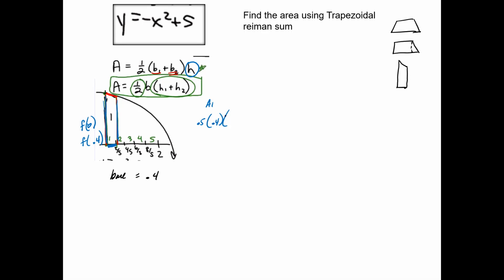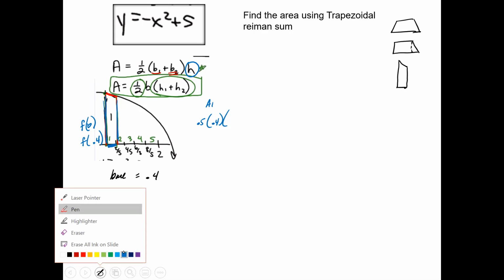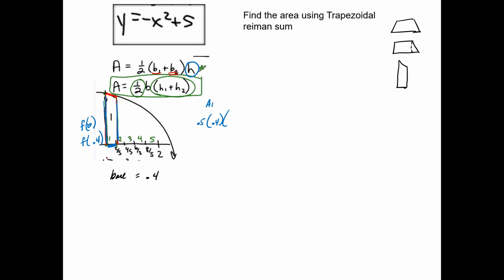So negative x squared plus 5. And I don't like the fractions, so I'm going to rewrite this. So that my first one is 0, 0.4, and then this one's 0.8. Next one is 1.2, 1.6, and then 2.